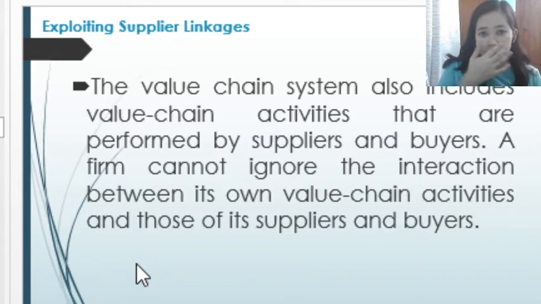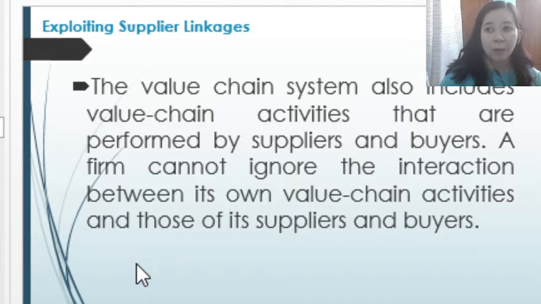Okay, so for the external linkages or the supplier linkage, the value chain system also includes these activities performed by the suppliers and the buyers. So a firm cannot ignore this interaction, of course, because these are considered to be among the most important activities of the enterprise.